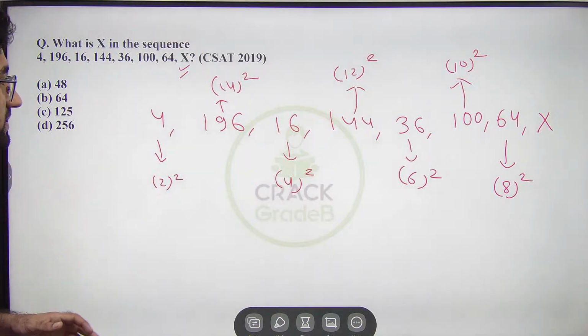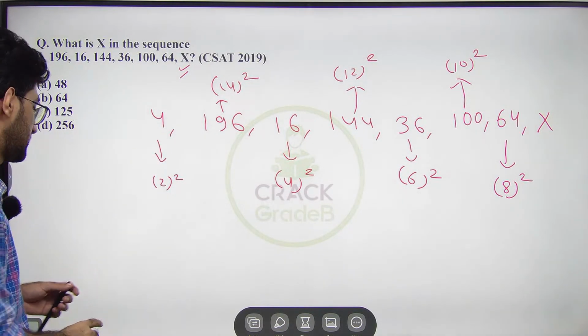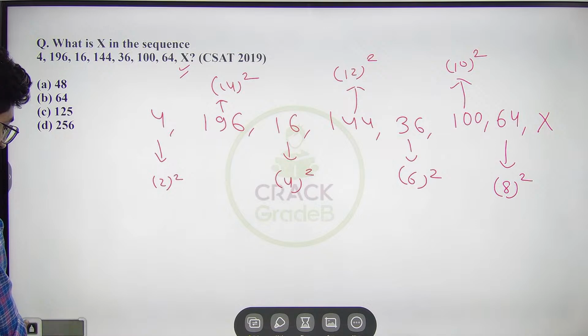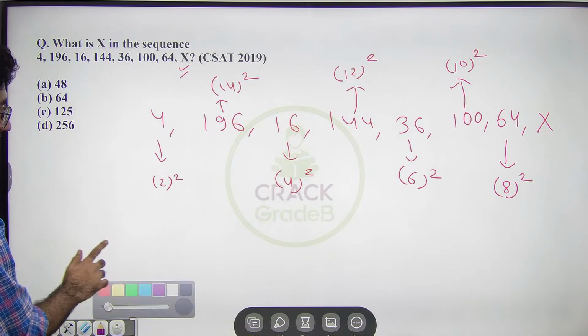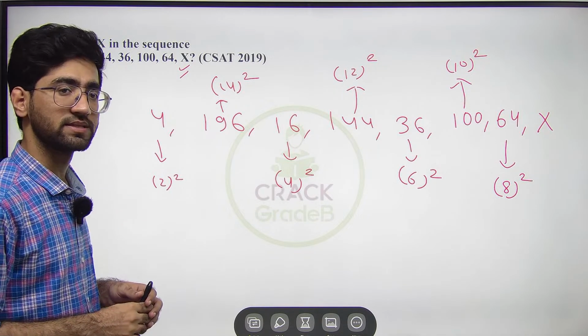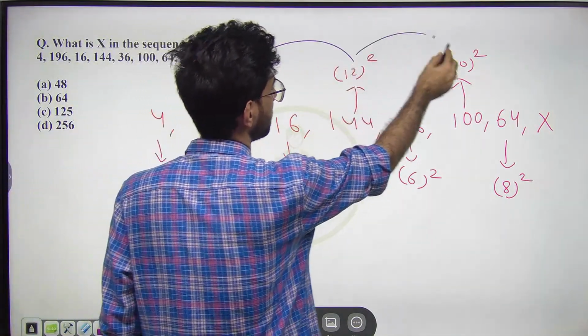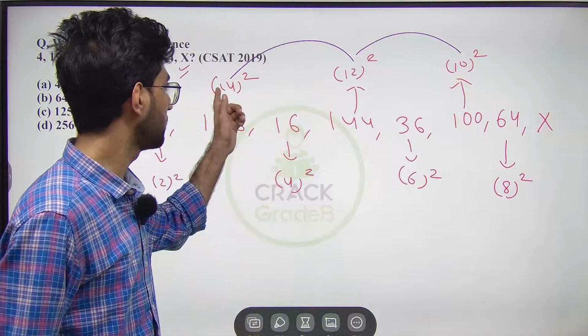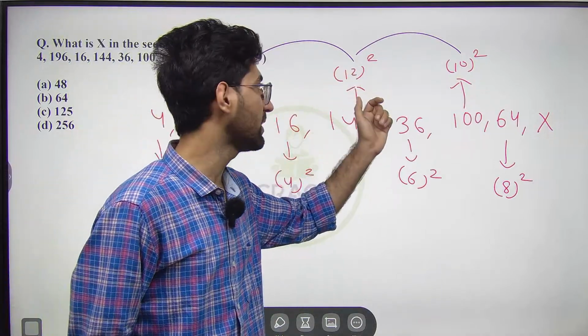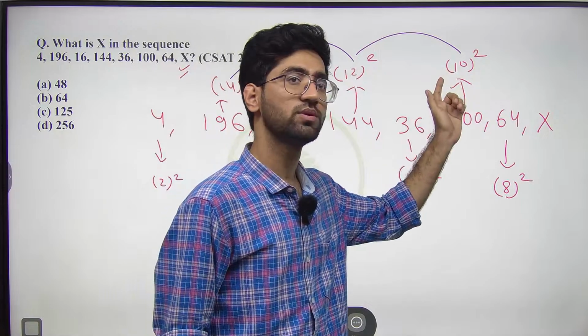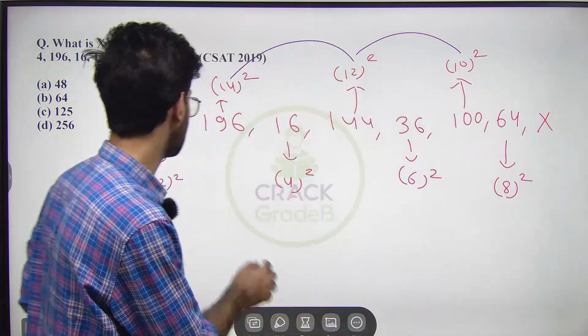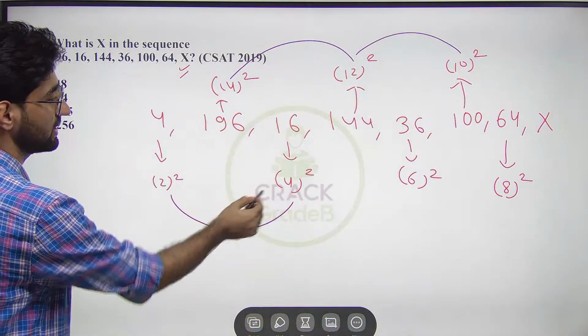Now sometimes in the given sequence you will find some pattern between alternate numbers, right? Now notice one thing: 14 square, 12 square, 10 square. 14 minus 2, then 12 square, 12 minus 2, then 10 square, right? Similarly 2 square, then 4 square.